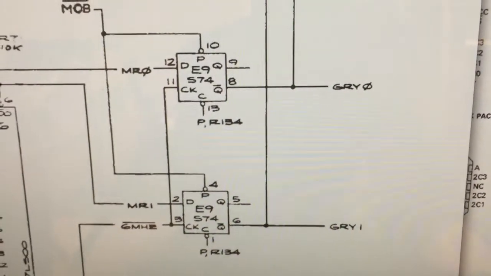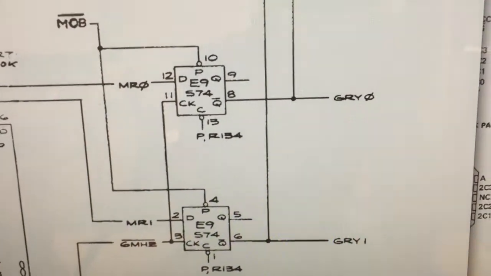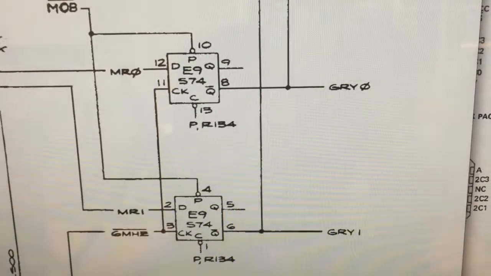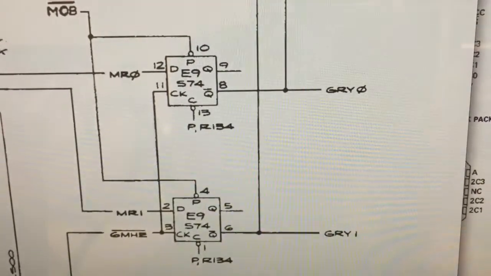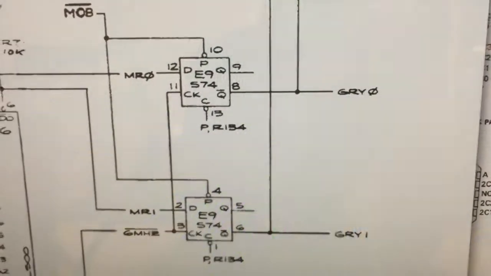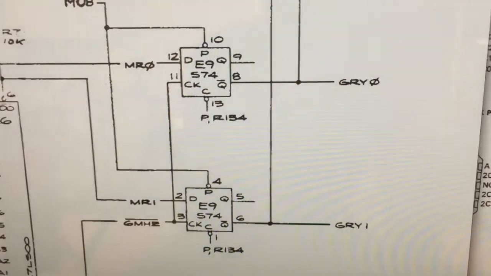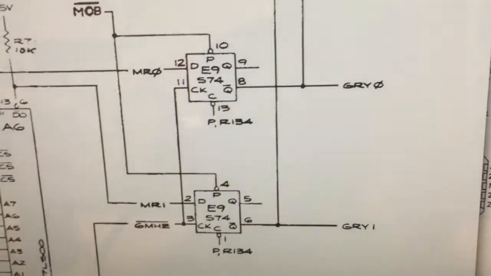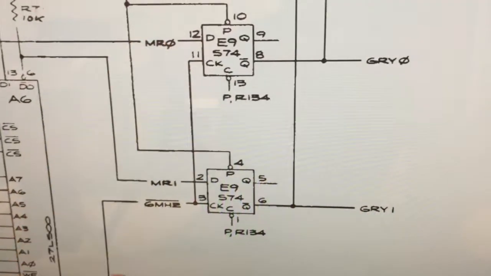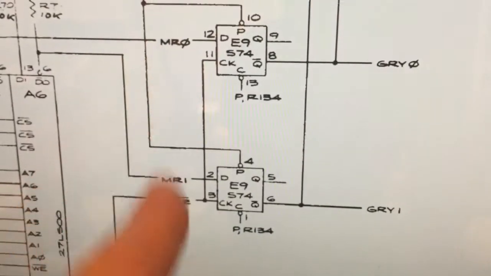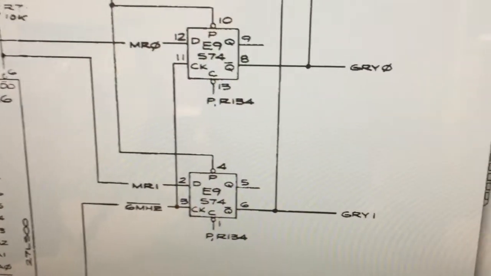Okay, the signals are coming from E9, the chip next to it, which is an LS74, that is a flip-flop. The input signals are called MR0 and MR1.